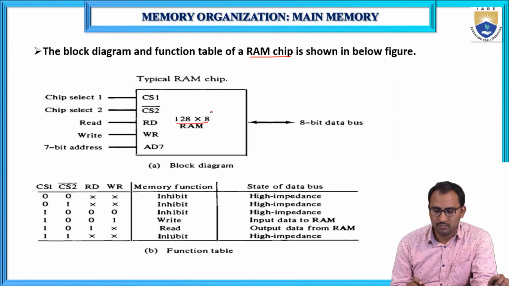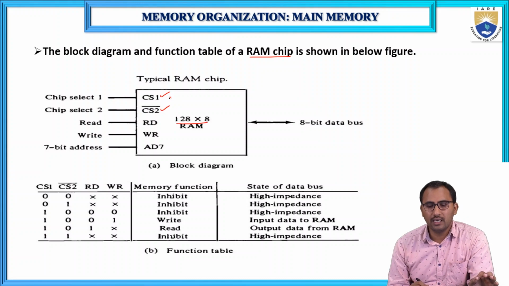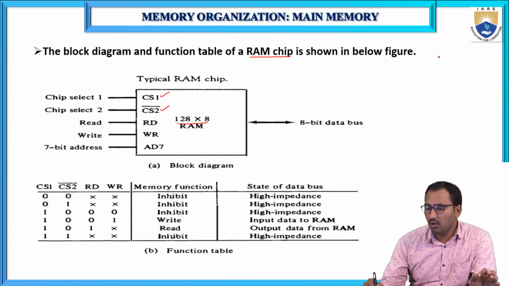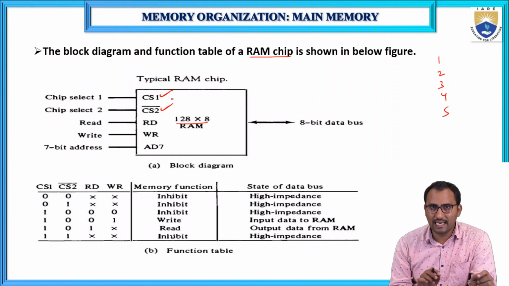Here the inputs are CS1 and CS2 bar. CS means chip selection. Suppose you have many memory chips, then using these chip selection inputs, we can select a particular memory chip.